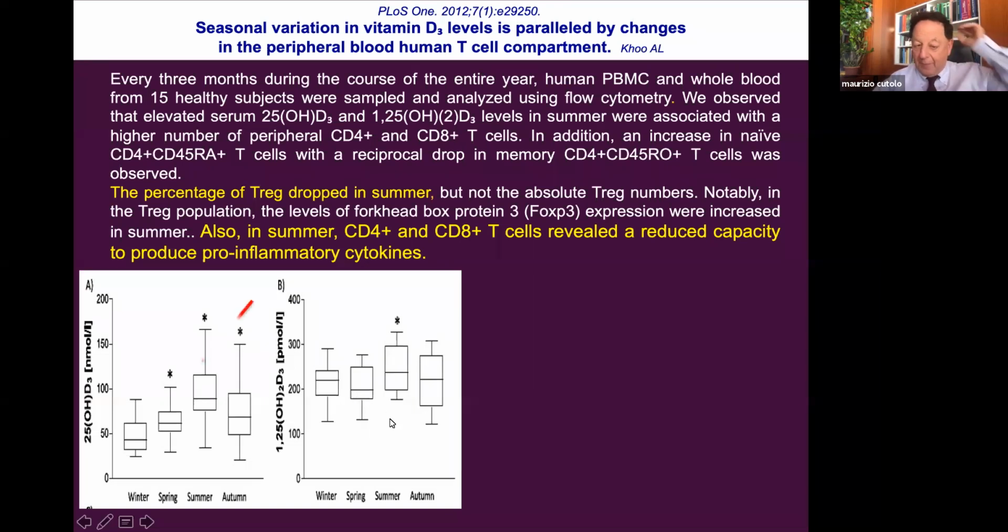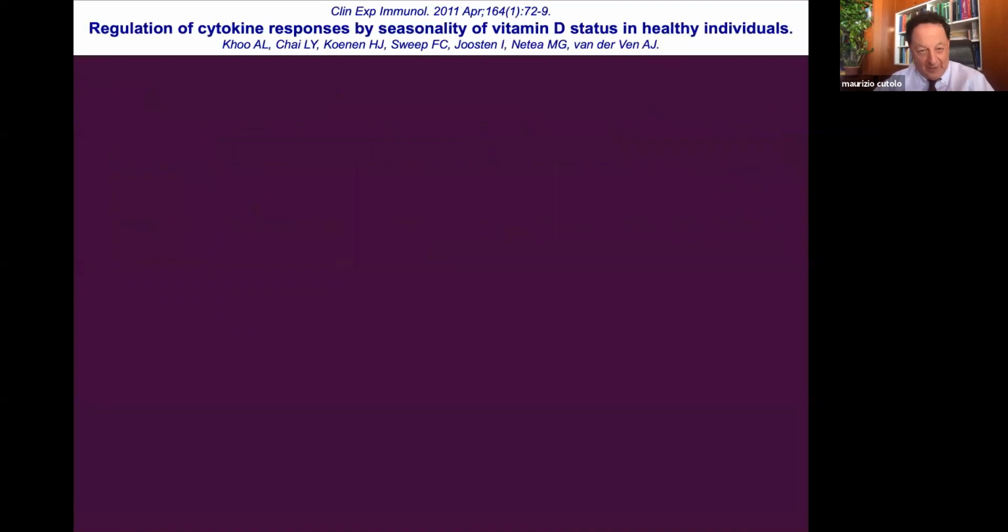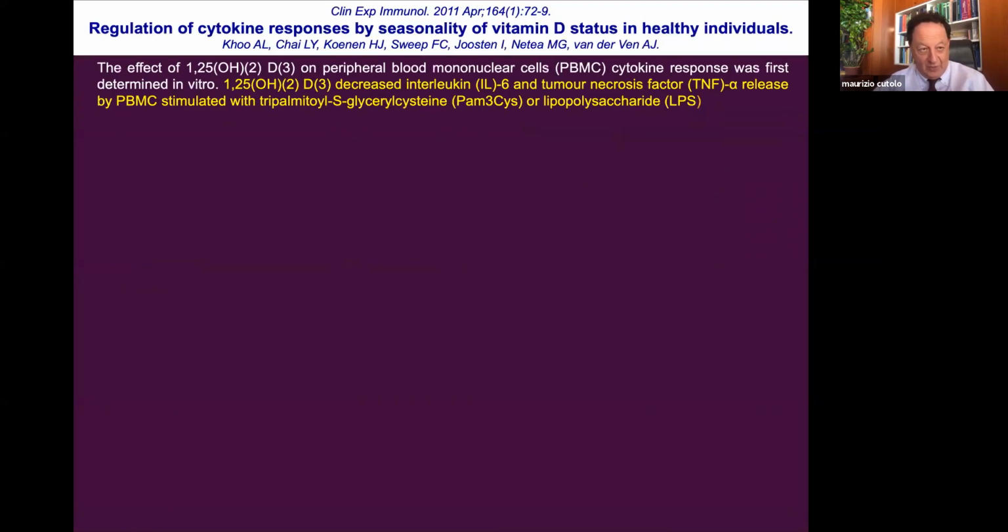And looking at the cells of the immune system, if we look, for example, at the lymphocytes, T lymphocytes producing, for example, IL-17 as a cytokine, in summer, the lowest concentration. So the immune system is working less in summer. It's in vacation in some way.